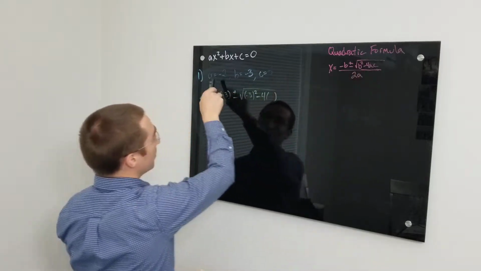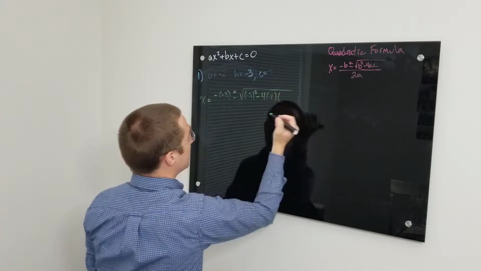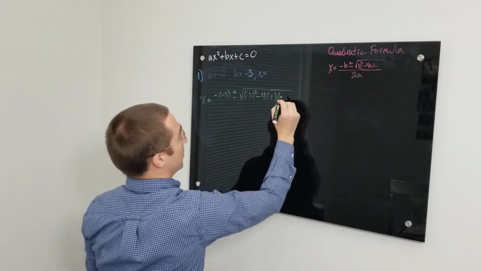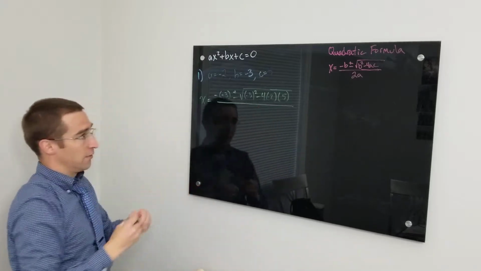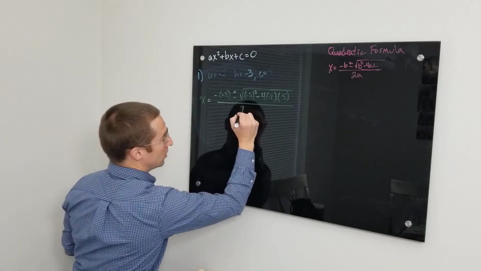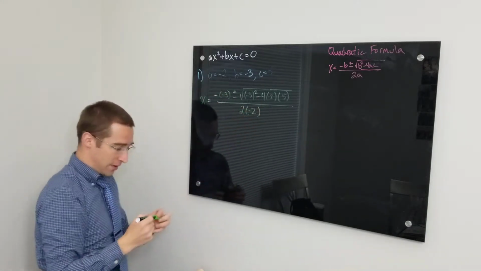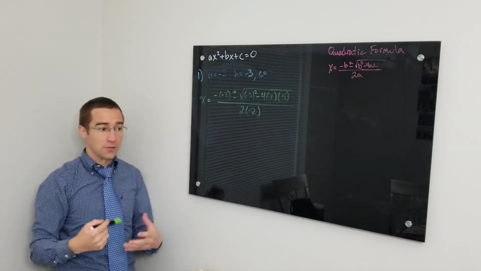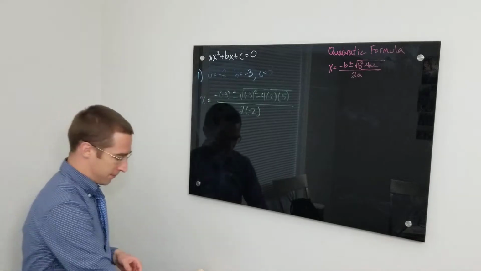Instead of a, we're going to put in negative 2, so times negative 2. And then parenthesis, instead of c, we're going to put in 5. So that's our numerator, the top of the quadratic formula. And now we're going to put in the denominator. So we're going to say 2 instead of times a. The a number is negative 2, so put a negative 2 in there. So we've substituted in all the numbers for a, b, and c. Cool, so now we just got to go about simplifying.